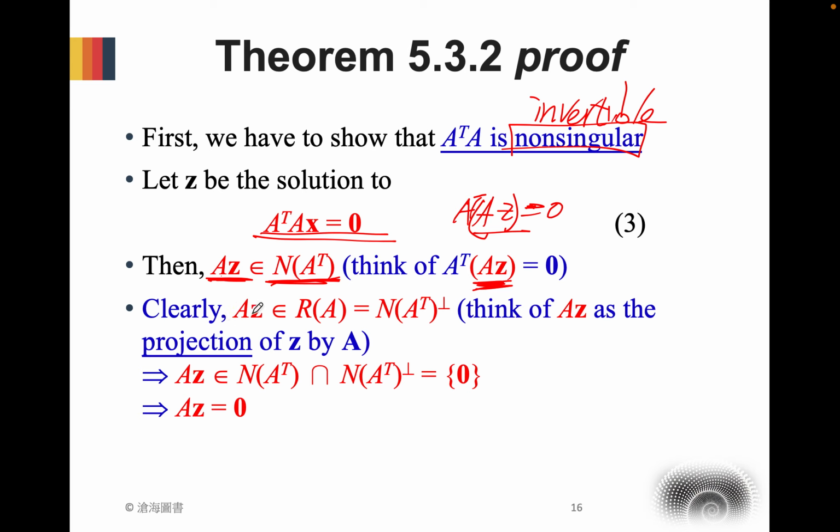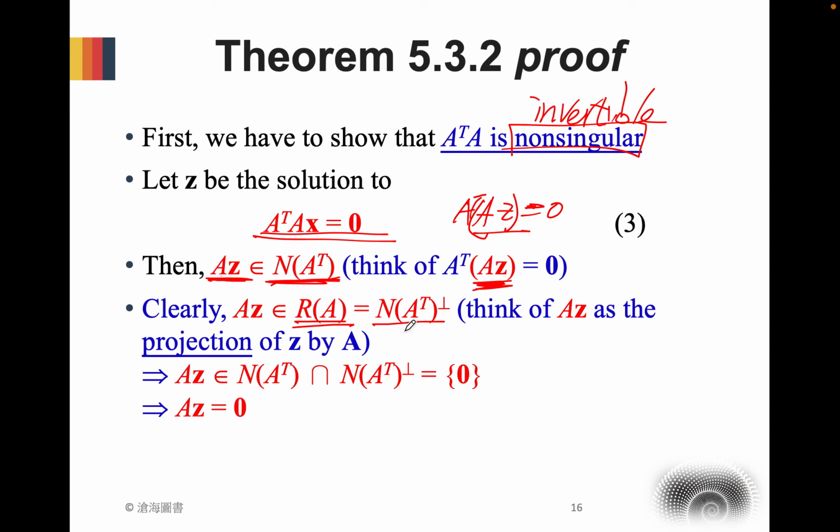But obviously A z is also in the column space of A, right? Because this matrix A times vector z, the result would be in the column space of A. And then remember that the column space of A is equal to the orthogonal complement of the null space of A transpose.